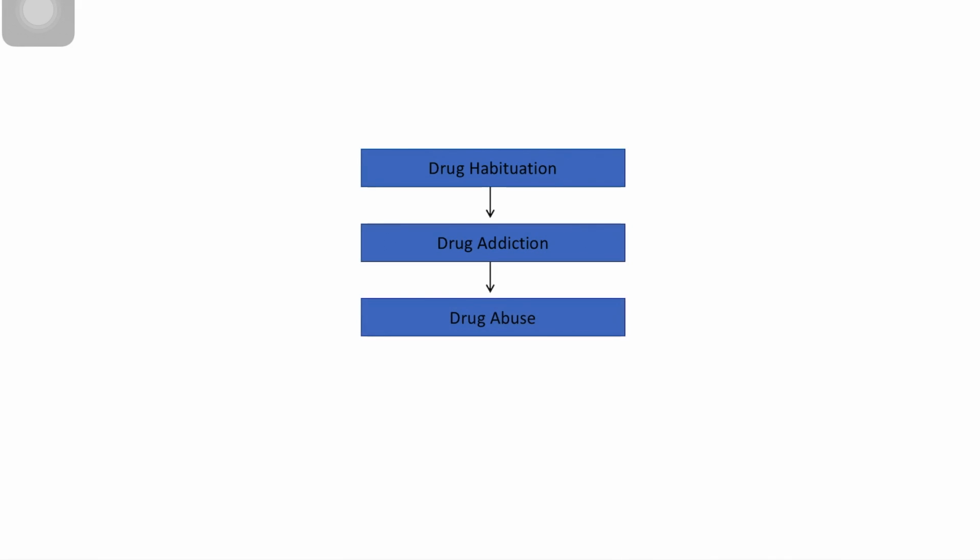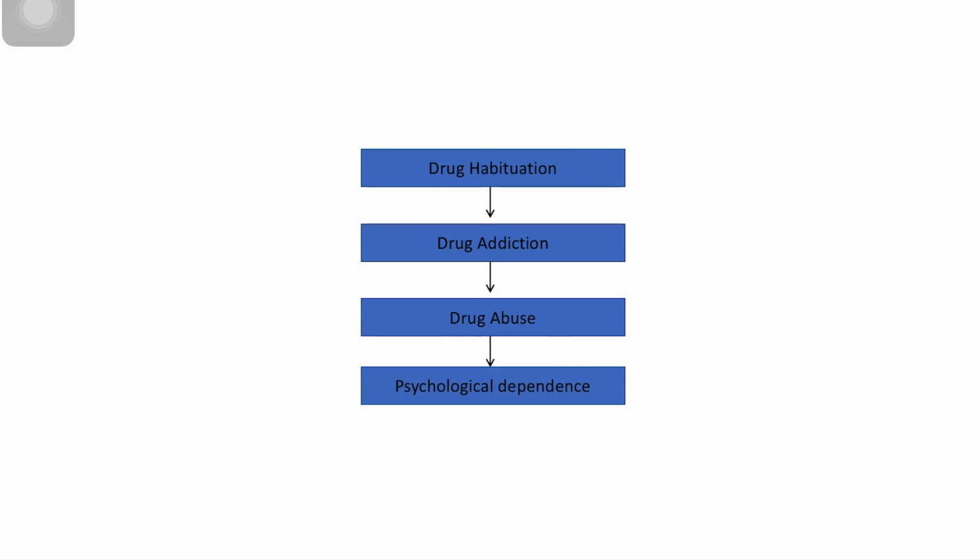So this is how a patient gets dependent. First it starts with habituation: he starts taking the drug and initially feels mildly habituated. Then eventually it goes into the state of addiction, where there is a compulsion to take the drug. Then it goes into the state of abuse, where he deviates from the normal use of the drug, either using it for a longer period of time, for another indication, or in higher doses.